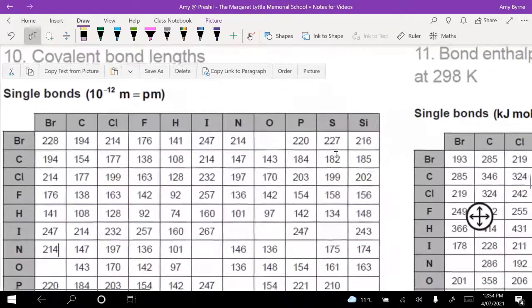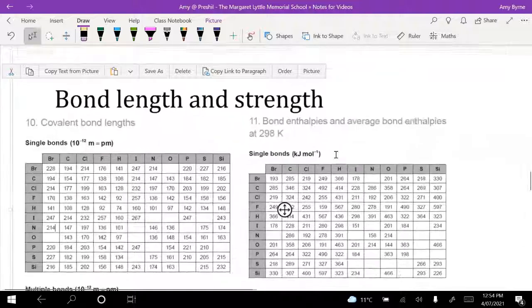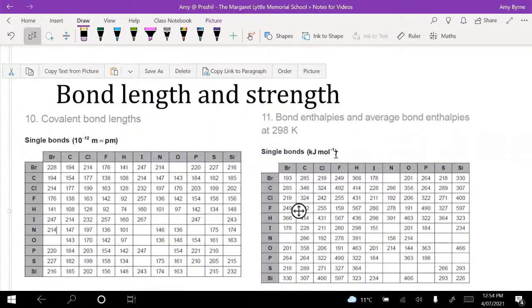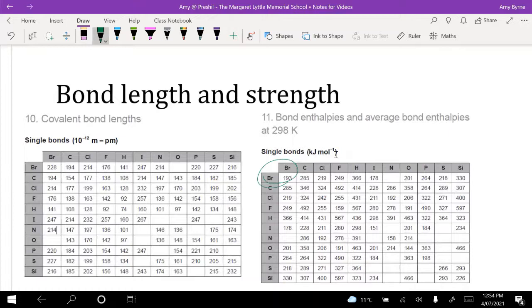So if we just use like eyeball, so bromine to bromine, the length of it is 228 picometers, which is a bit longer than bromine to carbon, which is 194. To break apart that bond, I need 193 kilojoules per mole of those bonds. That's what a bond enthalpy is.